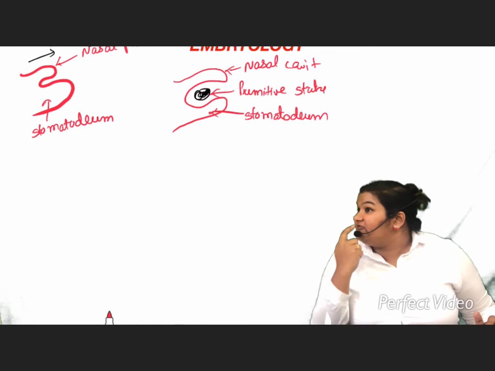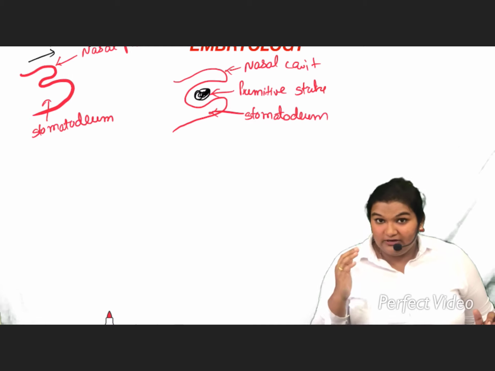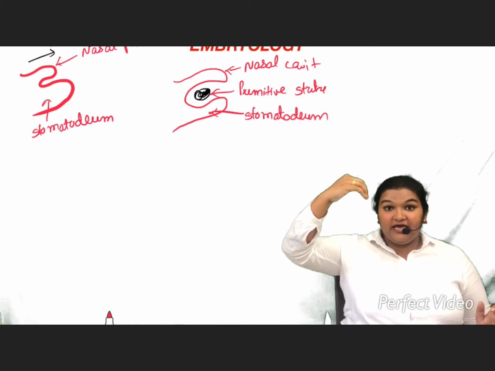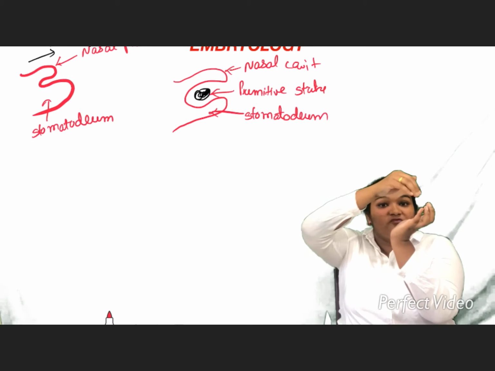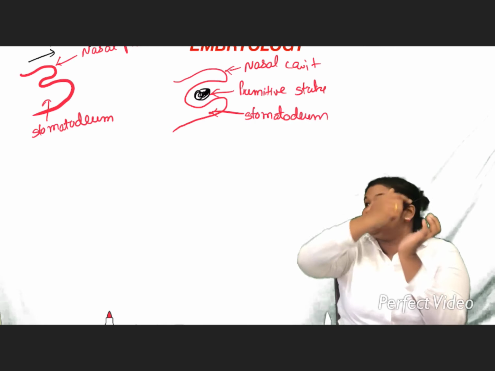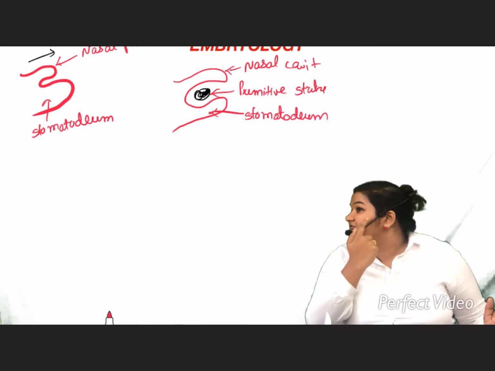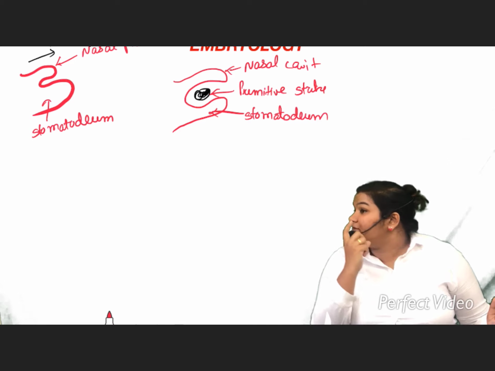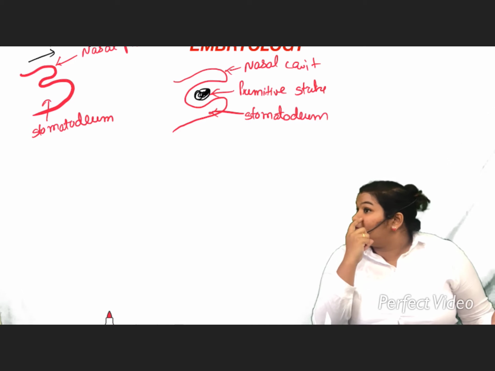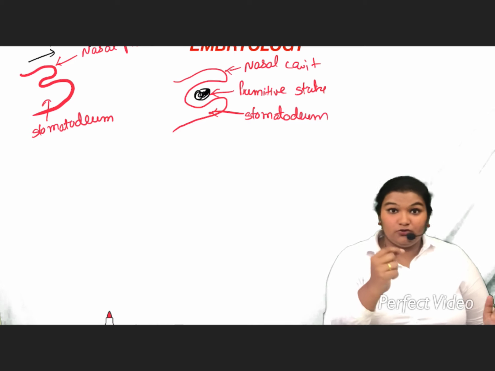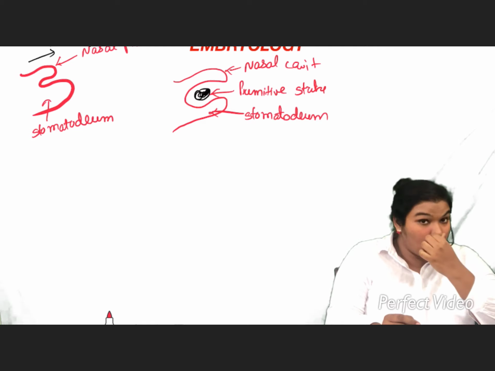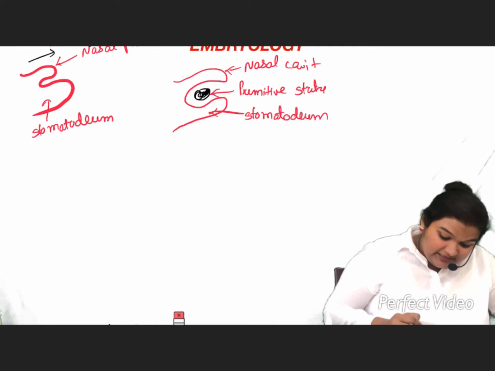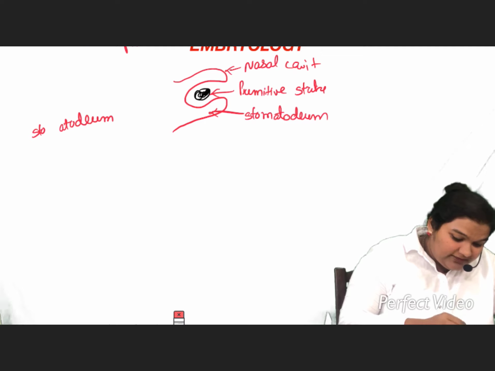So this nasal cavity and primitive mouth, that is stomatodeum, will grow and meet posteriorly here to form the posterior nares. Okay. So let us draw that. You will get a proper idea of it.